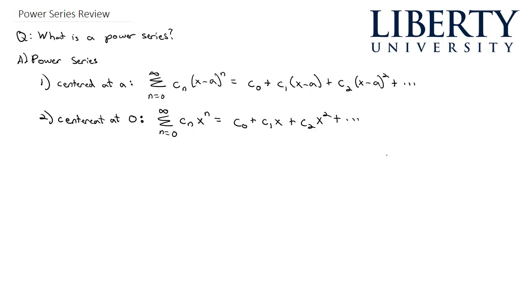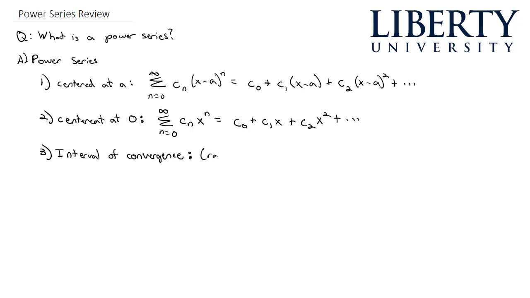Well, with these power series, we're often interested in whether or not they converge or diverge. And so what we found is we can calculate what's called the interval of convergence, or the range of numbers for x for which this series will converge.